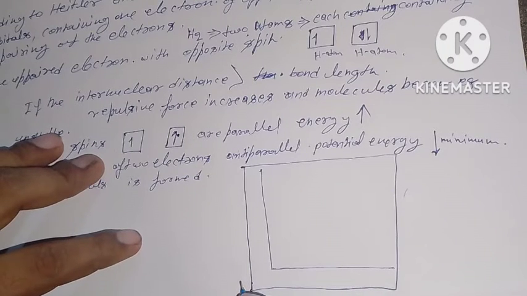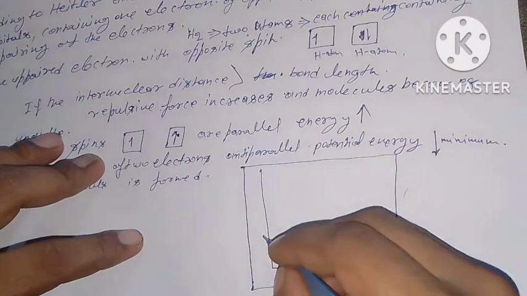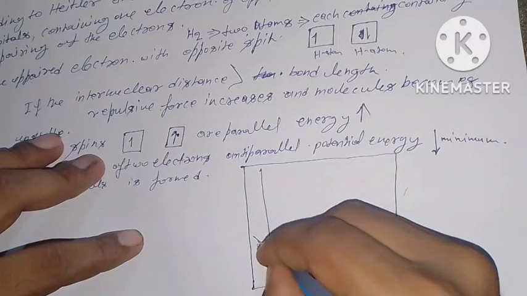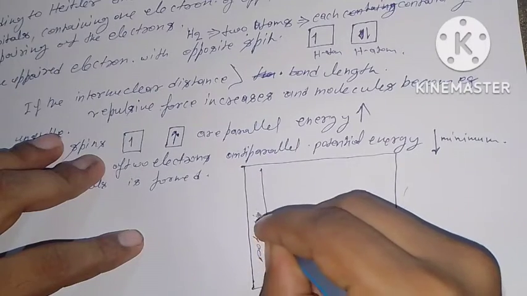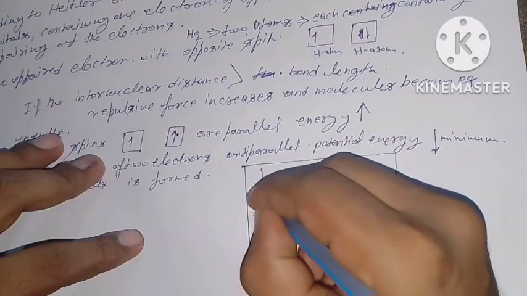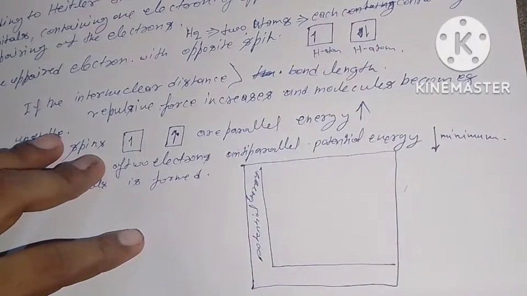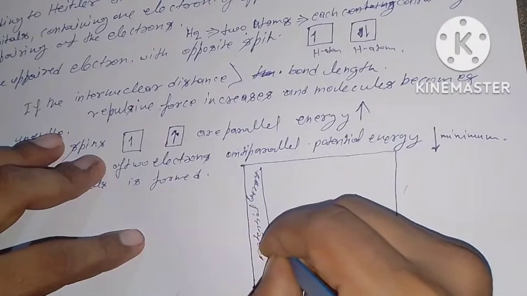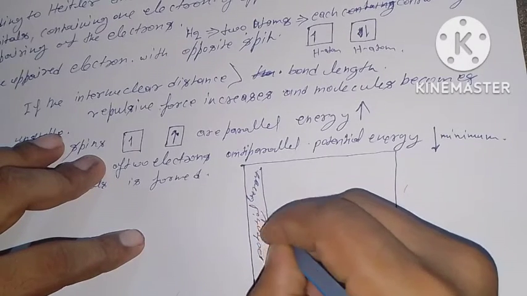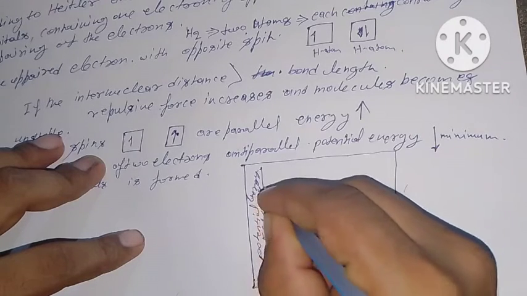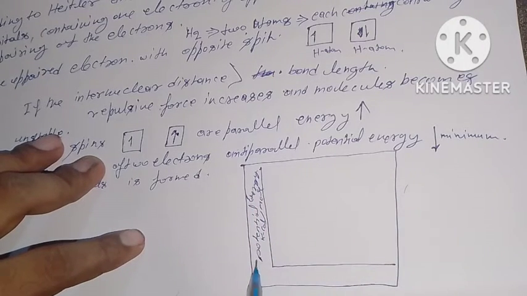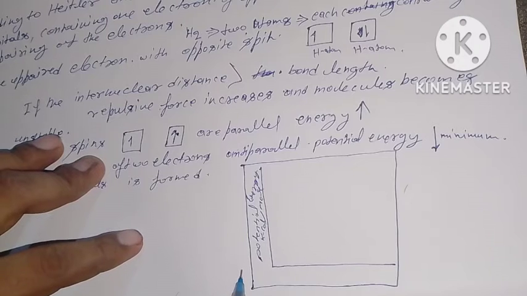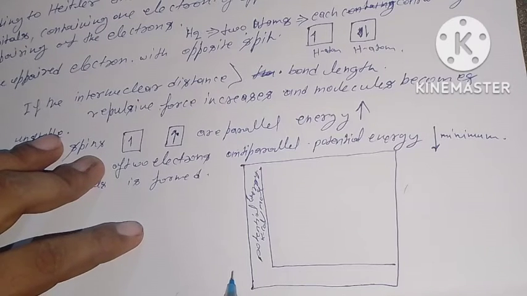The x-axis is internuclear distance. The y-axis is potential energy in kilocalorie per mole.